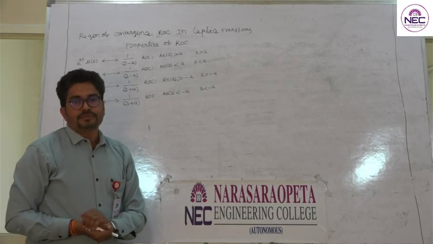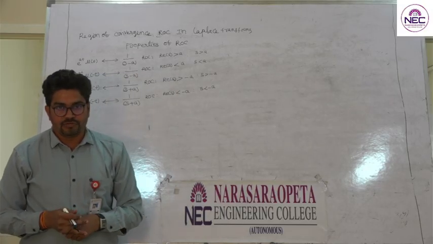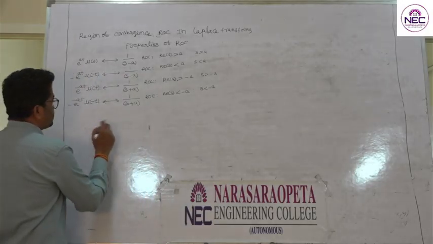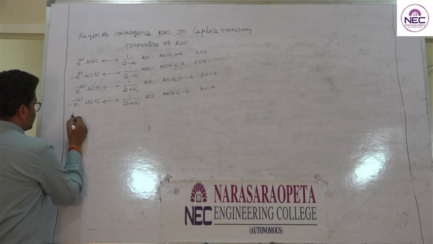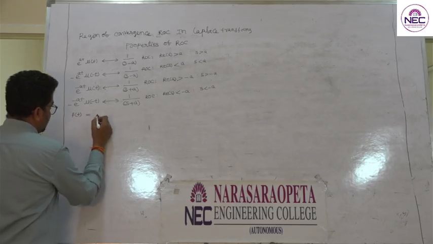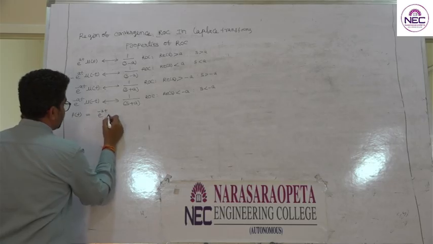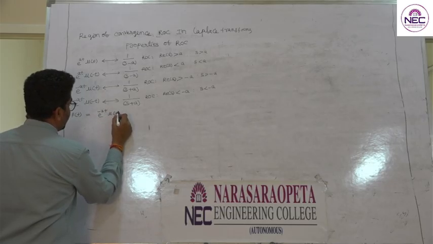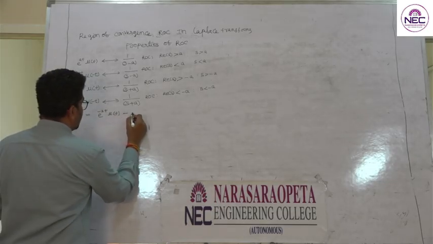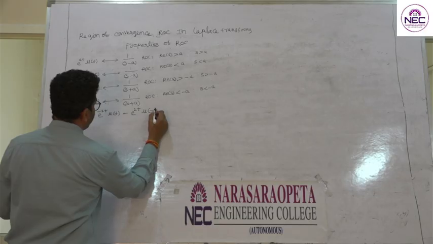Next we go for combination of 2 or more signals, simply linear combination of 2 or more signals. One example: f of t equals e power minus 2t into u of t plus or minus e power 2t into u of minus t.